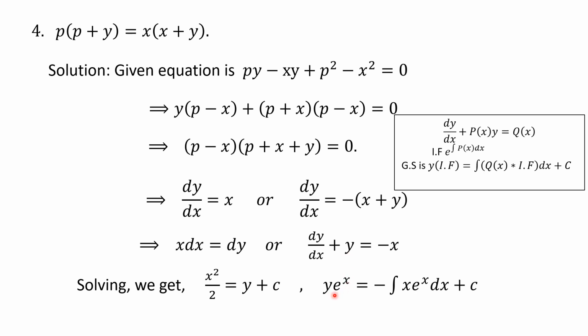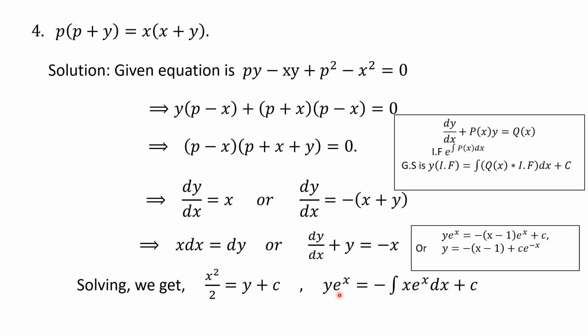So multiply the dependent variable by the integrating factor, y e power x is equal to the integral of the right hand side function multiplied with the integrating factor. So I have minus of integral of x e power x dx. The integral of x e power x is x minus 1 into e power x plus integral constant c. So dividing throughout by e power x, I get y is equal to minus of x minus 1 plus c e power minus x.